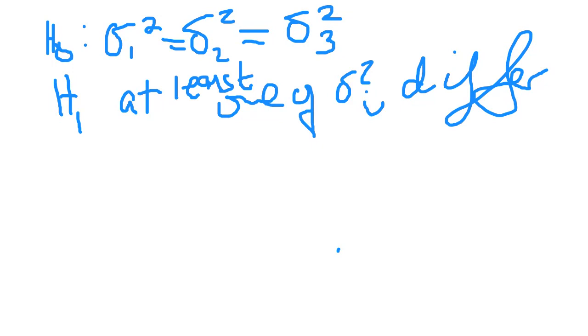Yes, Glenn? So when you say at least, it means it's possible for not all the variances to be the same. Yes. I'd also be wrong if I said not all variances are the same.